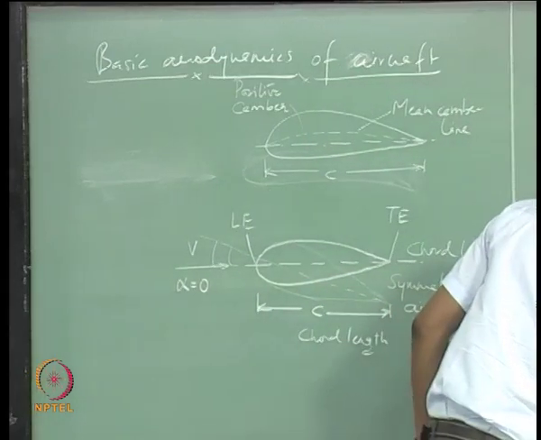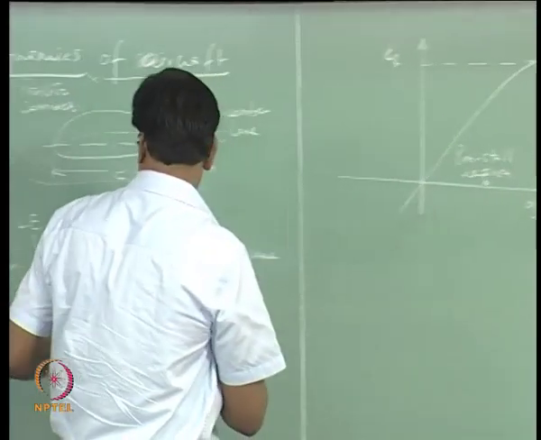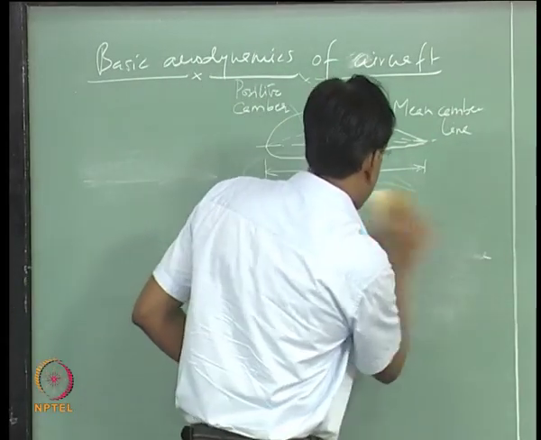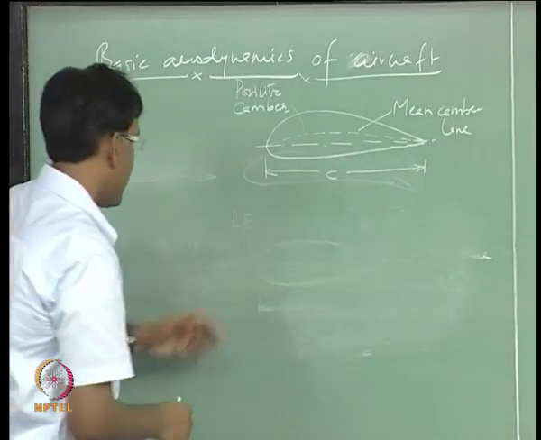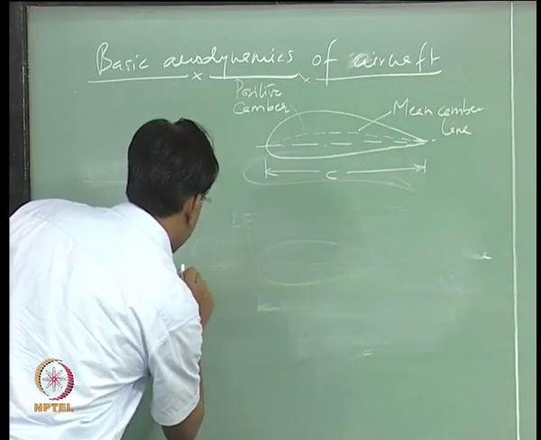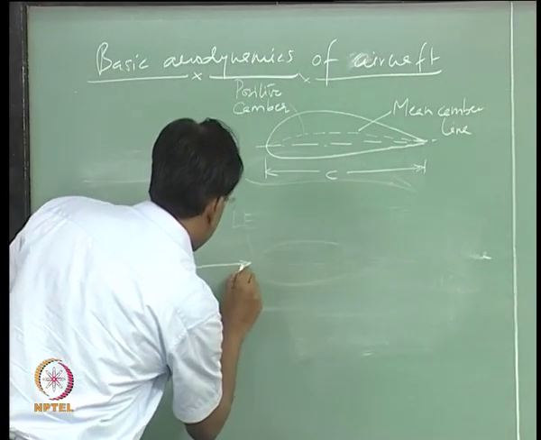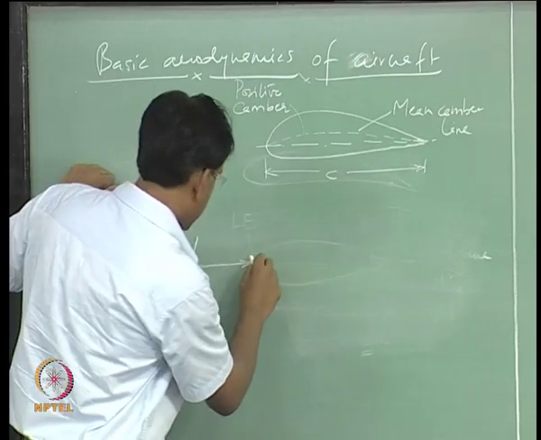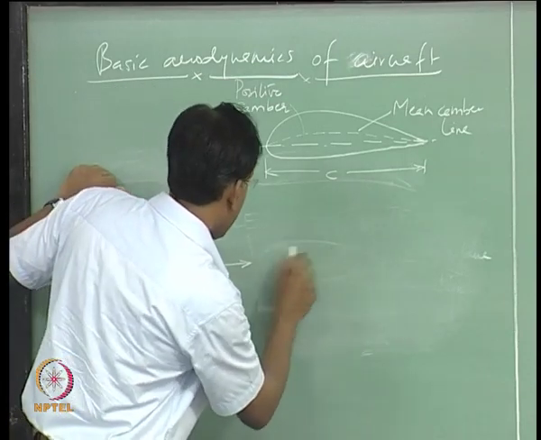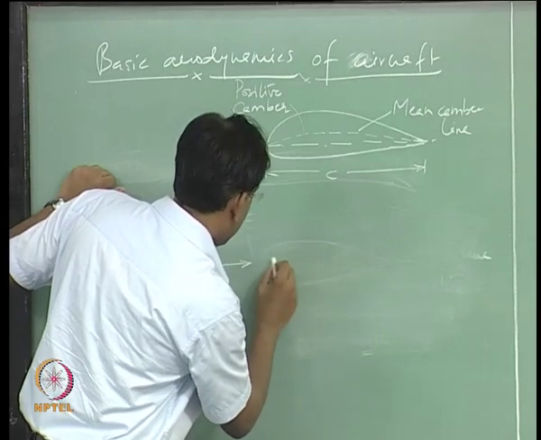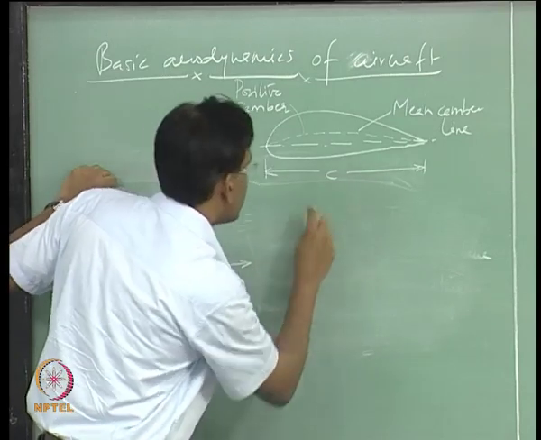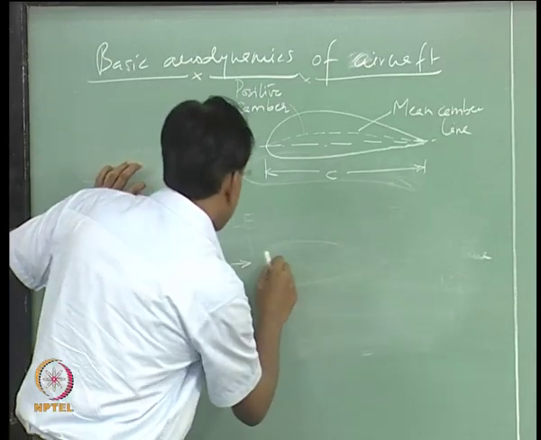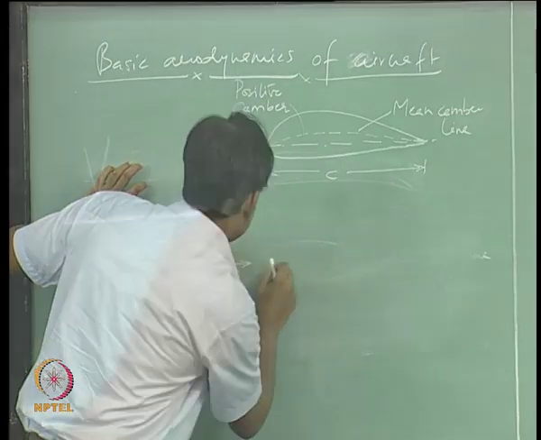If you want to draw a parallel between the two airfoils, then let us say this is the velocity vector of the relative wind, and the airfoil is a positively cambered airfoil now. So, what is happening in this case?